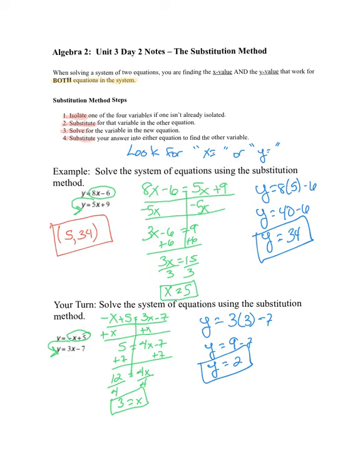So let's play. Because I used y equals 3x minus 7 to solve for my y, I'm going to check this answer. And I'm going to use y equals 2 and 3 equals x in the other equation. 2 equals negative 3 plus 5.